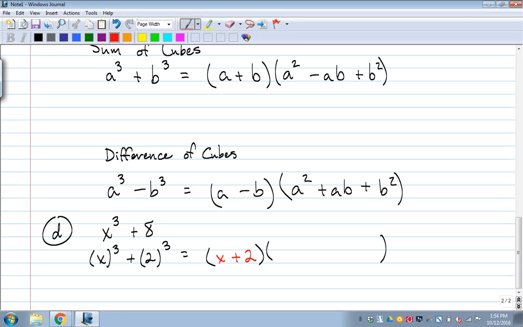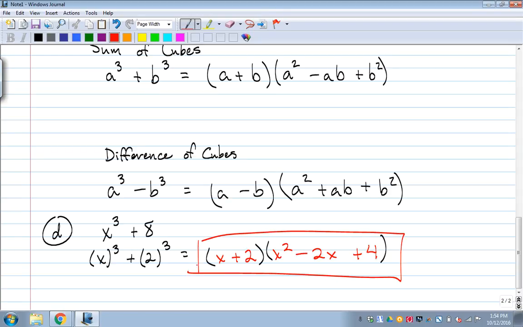The front of the long piece, x squared. The back of the long piece would be what? 2 squared, which is 4. In the middle, 2x, and is it a plus or minus? Minus. You don't even have to try to factor what's left.